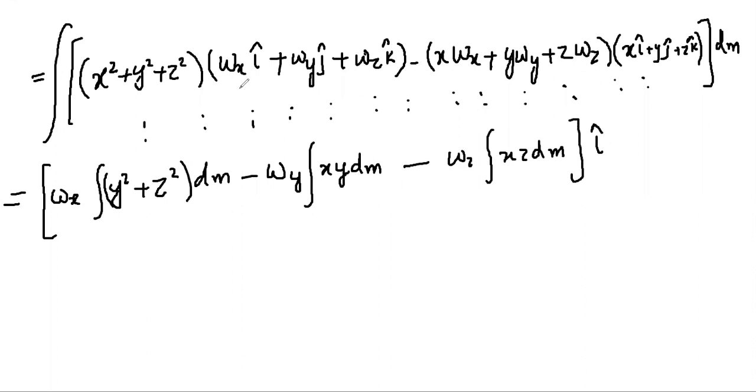You have to first multiply them and take all the i components on one side, they will be these components.